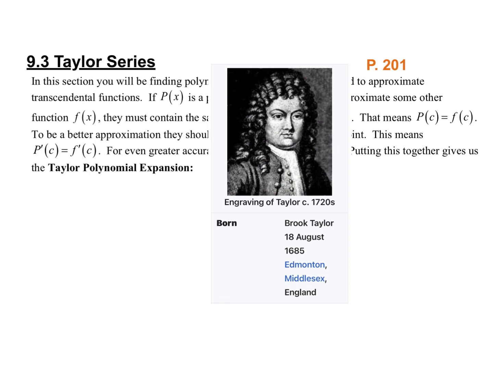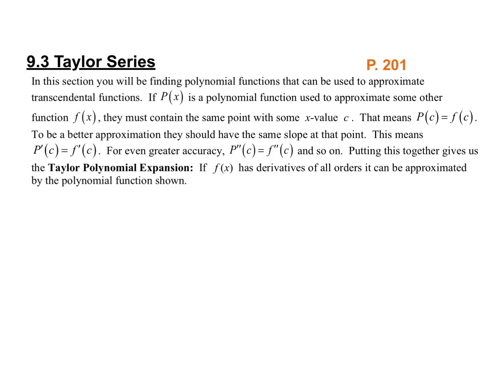He's from England. But understand how old this is, just to give a little bit of historical perspective. He was born in 1685. This stuff has been around for 300 years, and they still keep using it as a way to come up with approximations. Anyway.